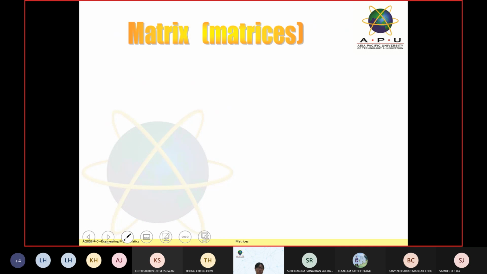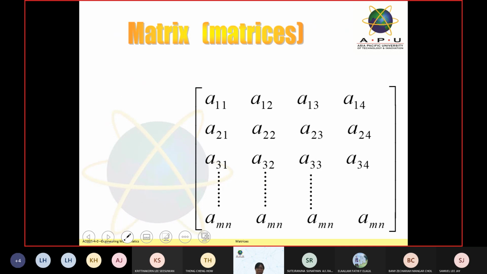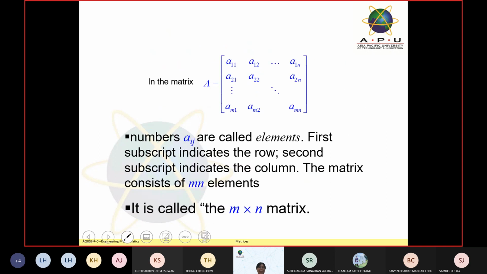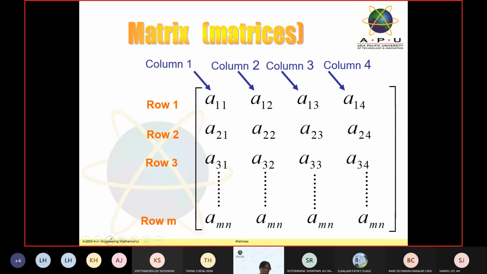Now, coming to matrices, we have rows and columns. What is shown here are rows: row 1, row 2, and so on. And we have columns. How do we indicate which value inside the matrix? You can see we have a subscript. Let's say A refers to the values in the matrix.